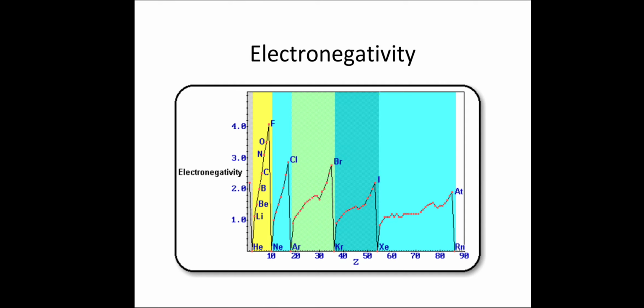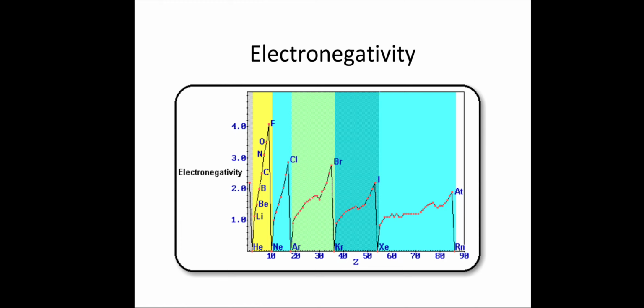As we can see, for a completed shell, that is for noble gas elements, the electronegativity is very less, because it doesn't need an electron and it is already full. For alkali metals, the electronegativity value is also very low. Usually metals are electropositive and less electronegative.